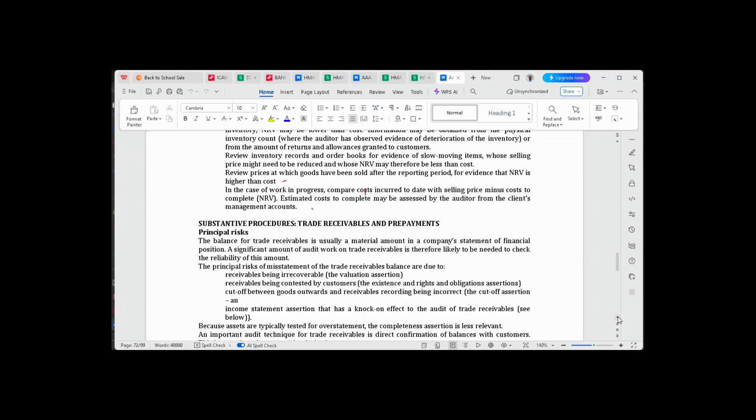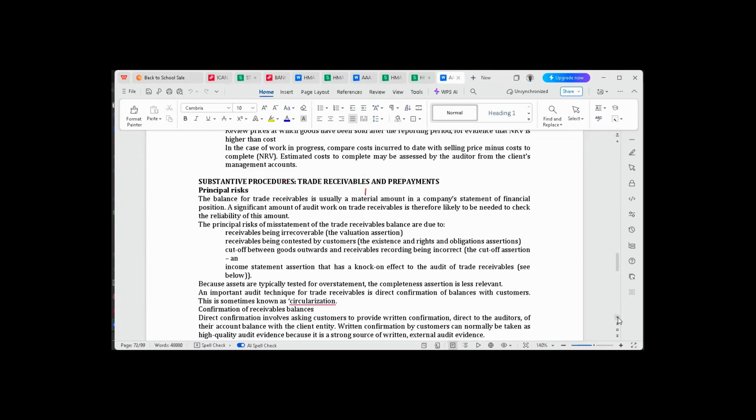You have to confirm that those sales actually occurred. As part of the assertion, you're going to test on the assertion based on what? Transactions and events that relate to the statement of profit or loss. Relates to what? Statement of what? Profit or loss. Right? You need to test all of these. These are some of the risks that you face that are attributable to what? Receivables.